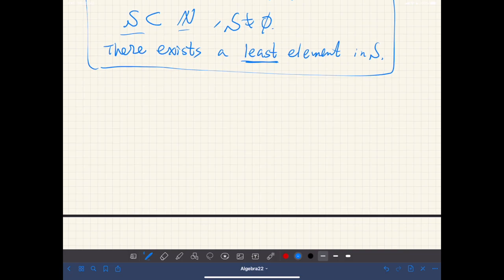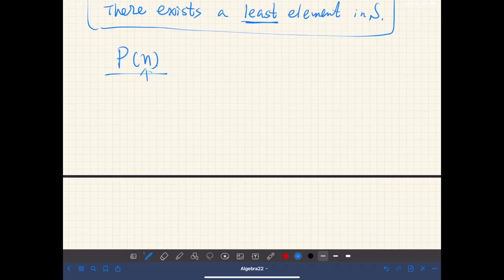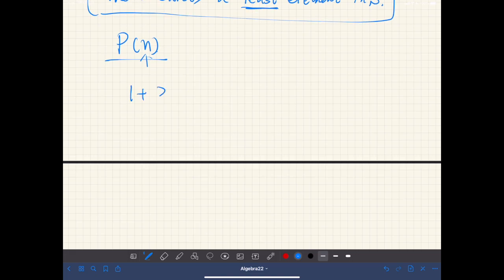And for stating some theorems or problems that contain some dependence on a natural number, we write P of n. So this is a logical statement involving a natural number n. For example, we have this formula, which I think you are familiar with. The sum of natural numbers from 1 to n is equal to n times n plus 1 divided by 2.